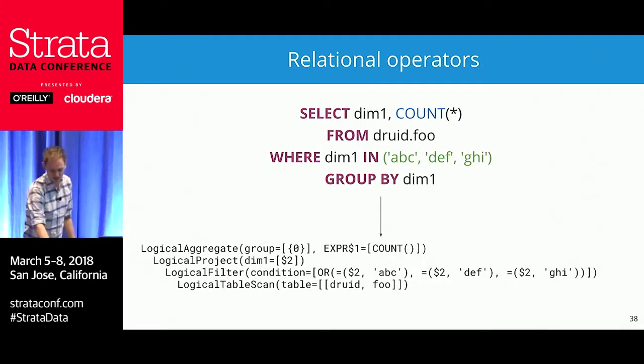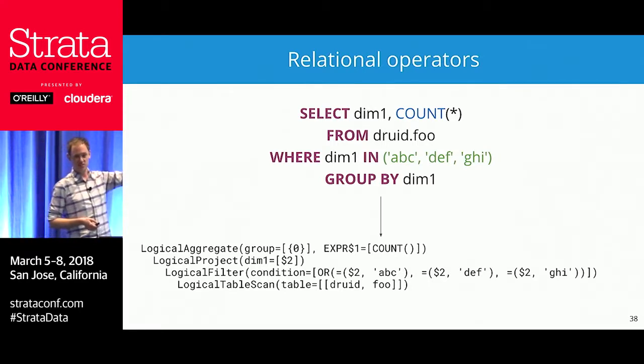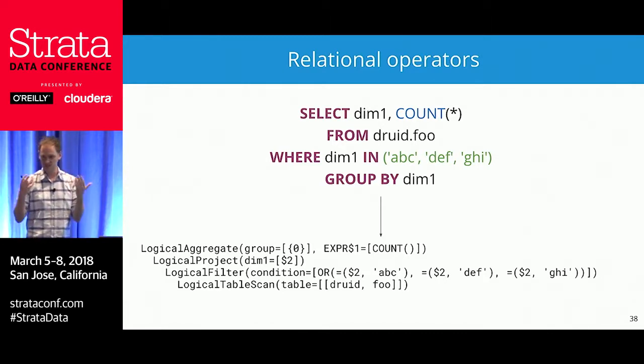Next, it's going to convert that parse tree into an operator tree. So for this, the operator is first a scan. So remember, a scan is we're just scanning data from the table. Second is we're filtering. So this is where we're applying that IN filter, or 2 equals ABC, or DEF, or GHI. Then we're doing a project.